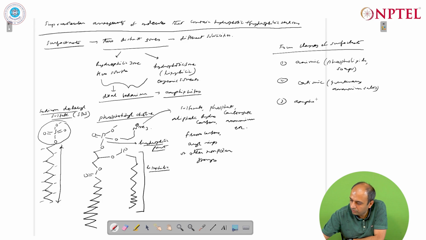Amphoteric, that is betaines, which are zwitterionic in nature. And let us take one particular example, C19H38N2O3 CH3 NH.